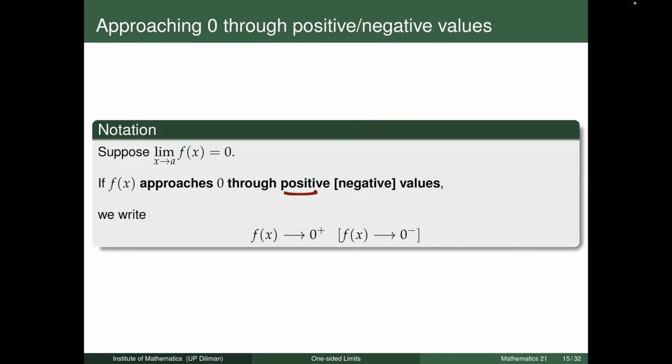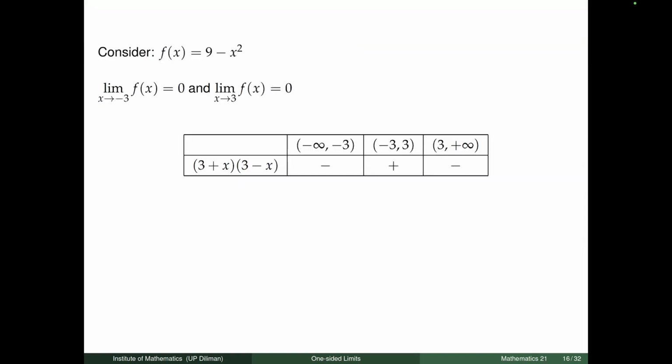If f of x approaches 0 through negative values, our notation is f of x approaches 0 superscript minus. So we are just using notations here.